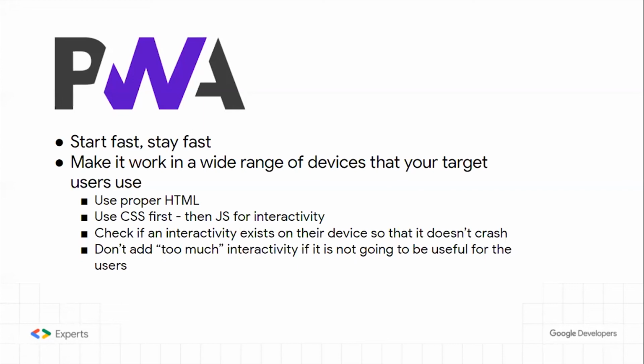If your JavaScript crashes, interactivity is lost, and people will just think this thing is lagging or it's not doing what it's supposed to do when you click the button. But it's just a bug because their device doesn't offer that functionality, and you should just check if it's there.